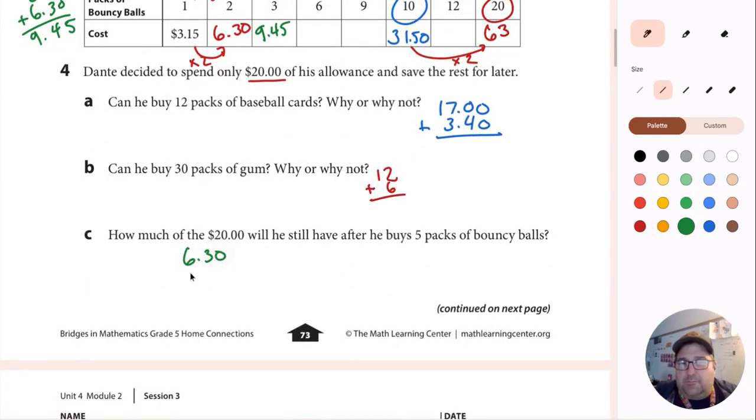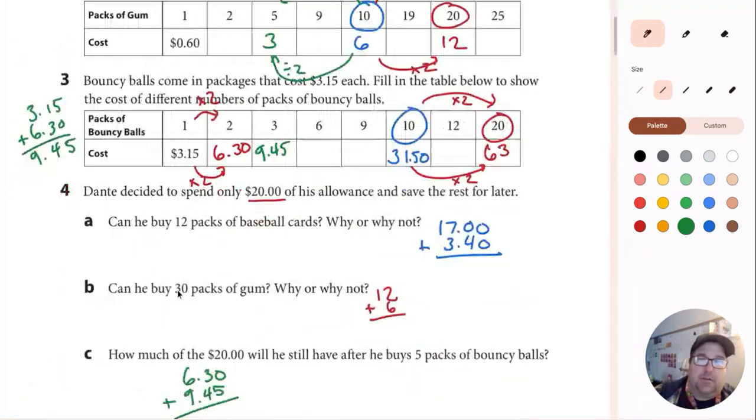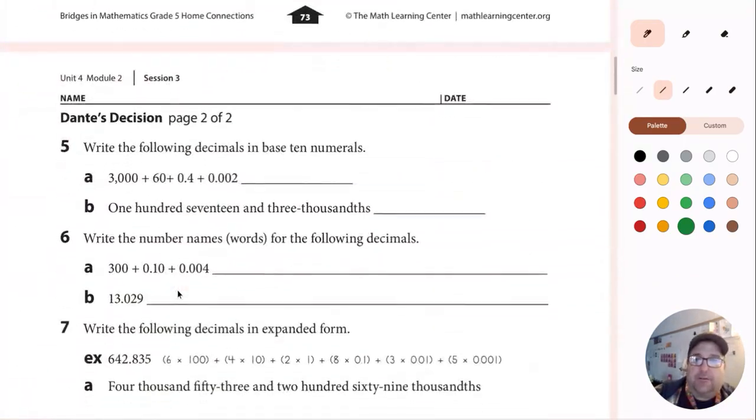So 630 plus 945. So if we add that, that'll tell us how much those bouncy balls cost, and then we're just going to have to subtract from there. So I think we got enough set up for you. Let me know if you have any questions, but we'll keep rocking and rolling here.